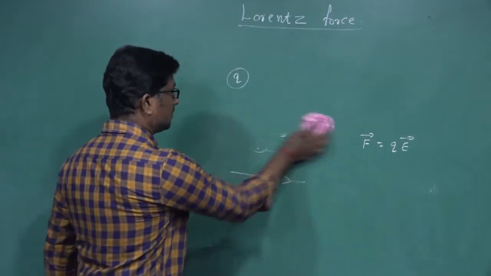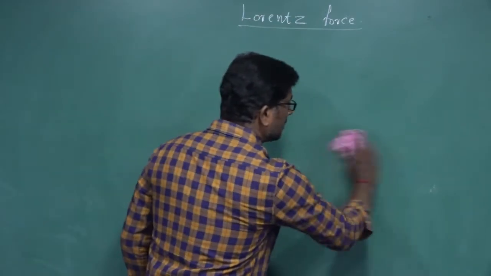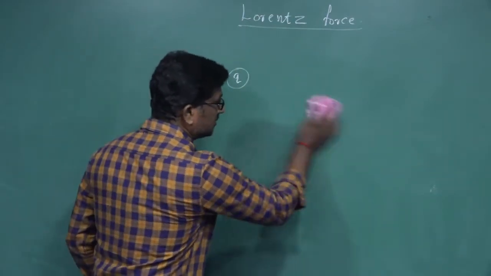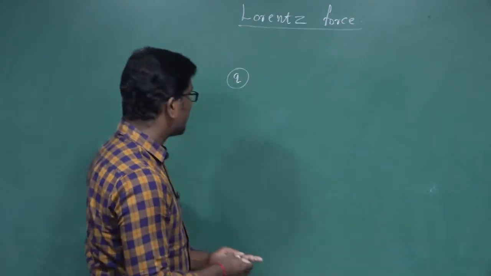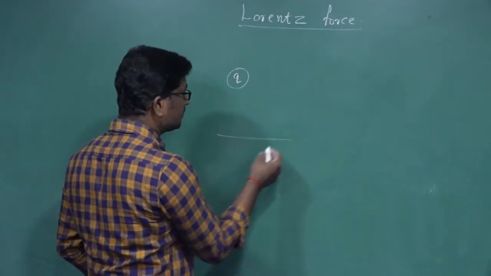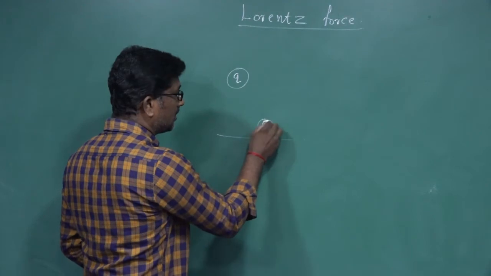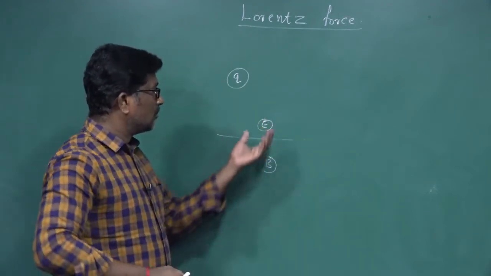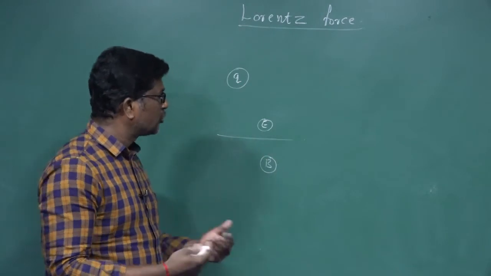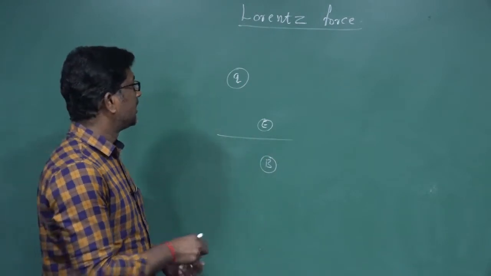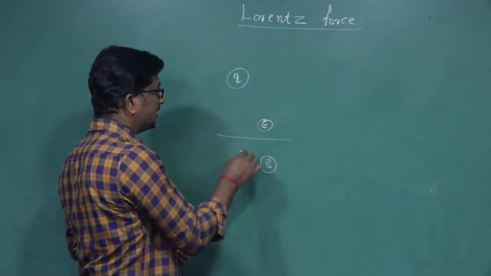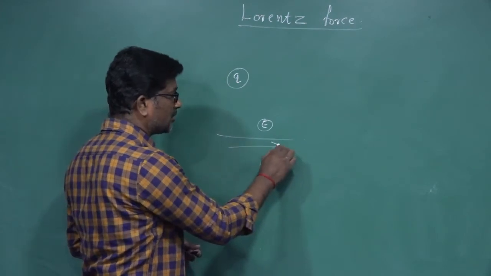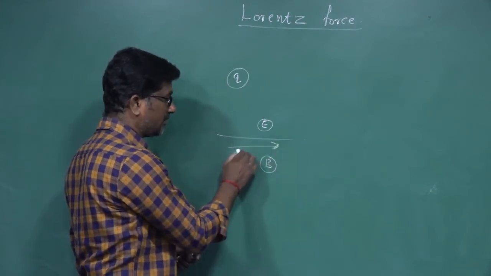Suppose there is both electric field and magnetic field. So in this region, electric field and magnetic field both exist, right? Now this charge moves inside this combination of electric field and magnetic field.